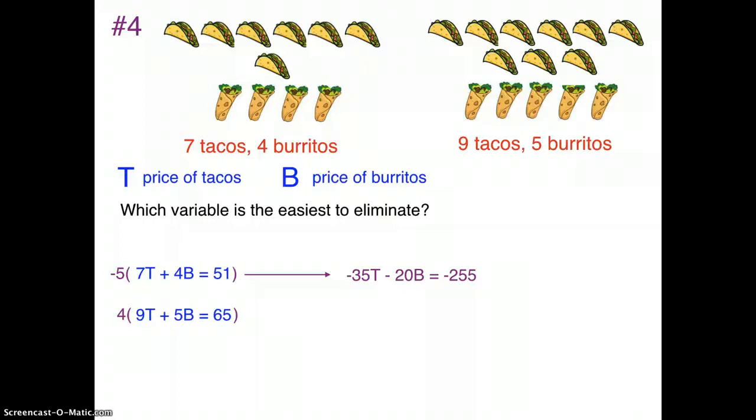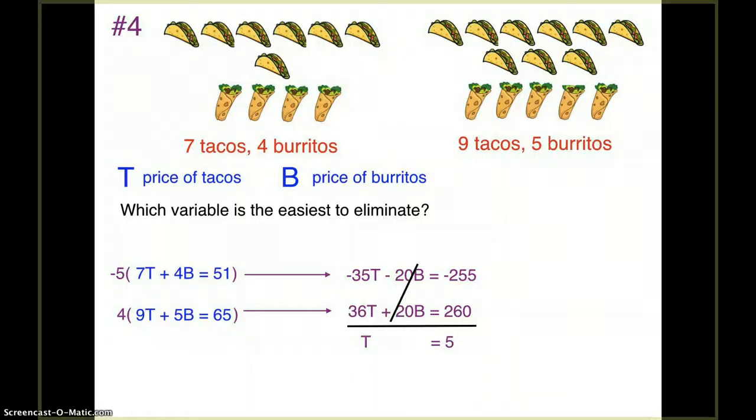And for the second equation, in order for them to truly eliminate one another, I'm going to have to keep it a +4. And that's going to change it to 36t plus 20b equals 260. Notice now I could go ahead and eliminate my b's, which is exactly what I wanted, leaving me with t equals 5. So right now you can technically answer part of your question.